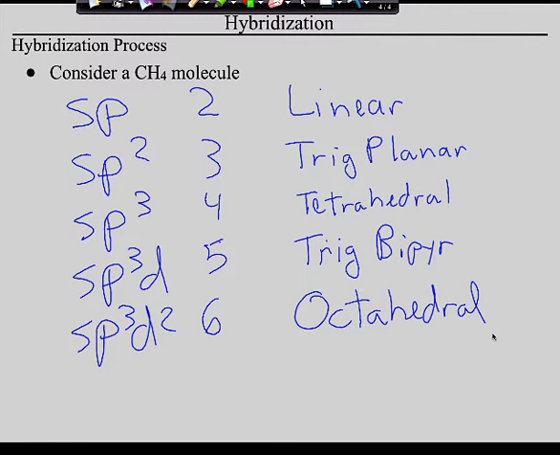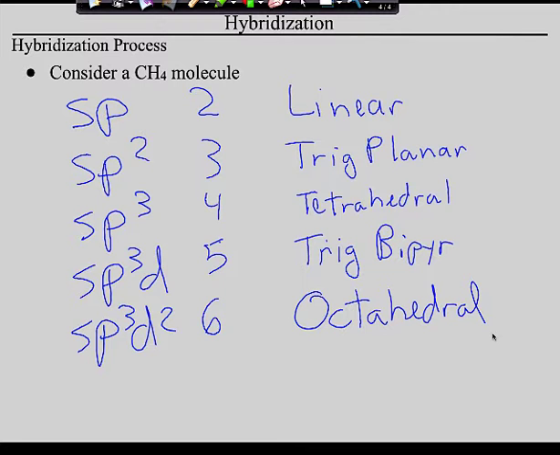That's it, guys. All you have to be able to do is identify the hybridization based upon the domain geometry. That's all they will ask you for on the AP test, is to go, hey, if that's linear, it's an sp hybrid. If that's trigonal planar, it's an sp2 hybrid, and so on.